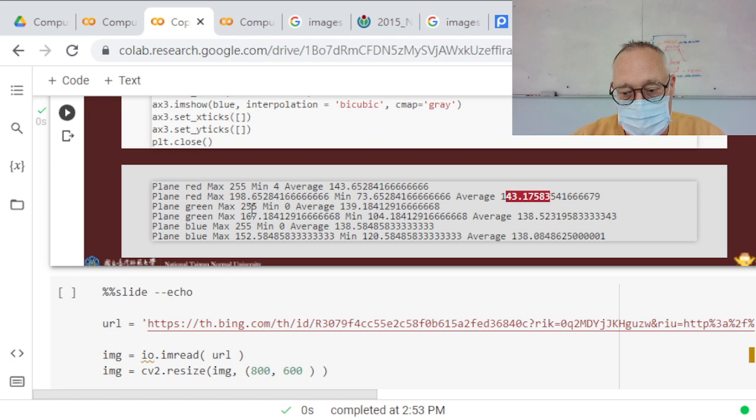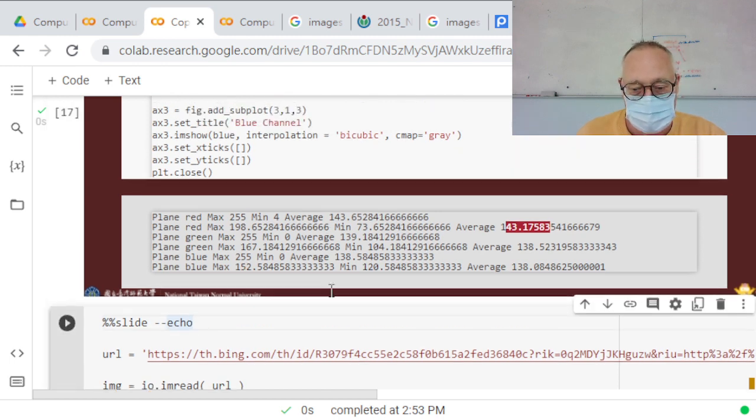And then the blue also from 0 to 255, with 138, and then I compress it by 8, so now the pixels are only from 120 to 152, with about the same average.